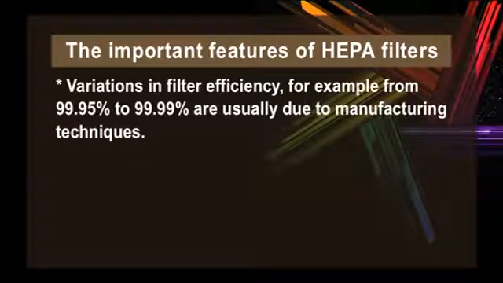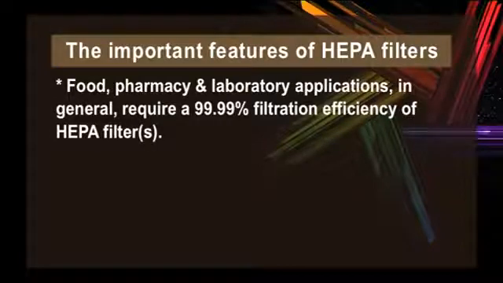Variations in filter efficiency, for example from 99.95% to 99.99%, are usually due to manufacturing techniques. Food, pharmacy and laboratory applications in general require a 99.99% filtration efficiency of HEPA filters.